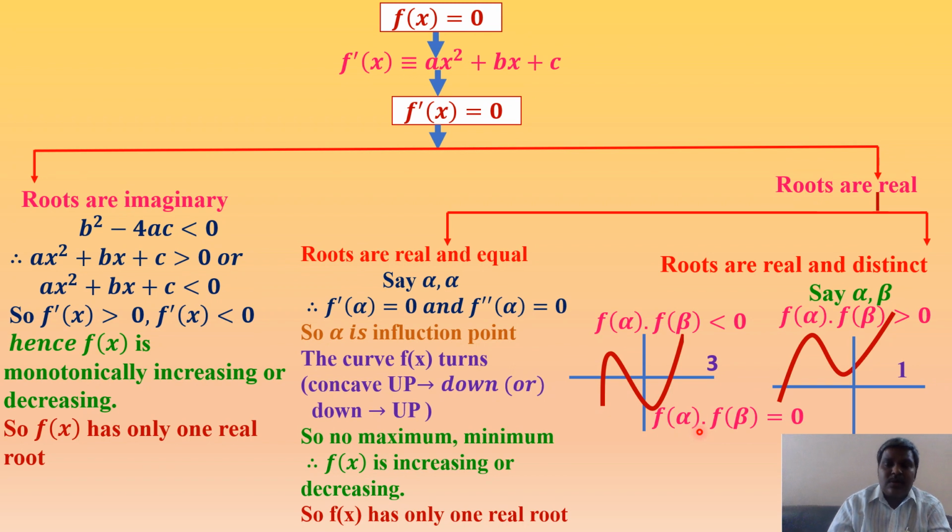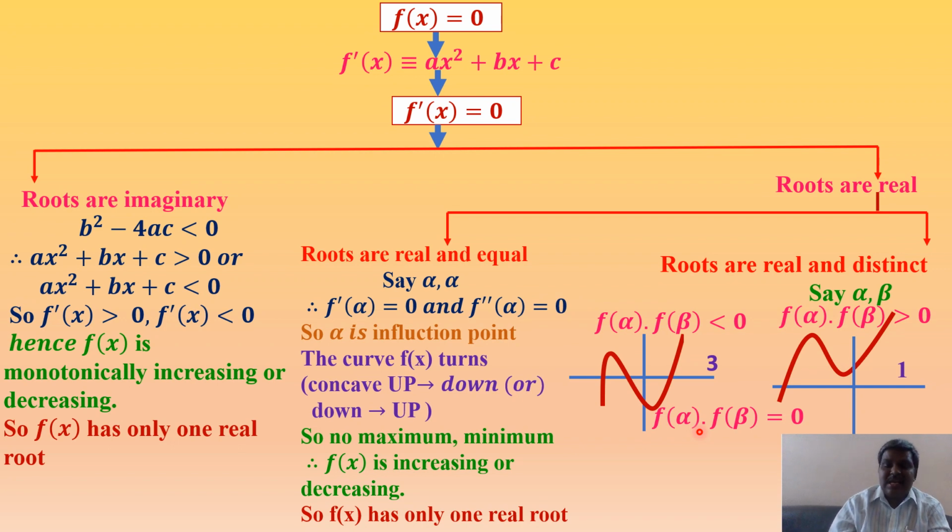No. That is why f of alpha into f of beta is equal to 0 means either f of alpha equal to 0 or f of beta equal to 0, but not both. If both are 0, we get a contradiction because alpha, beta are the roots of the above equation. This is not possible for a cubic equation.